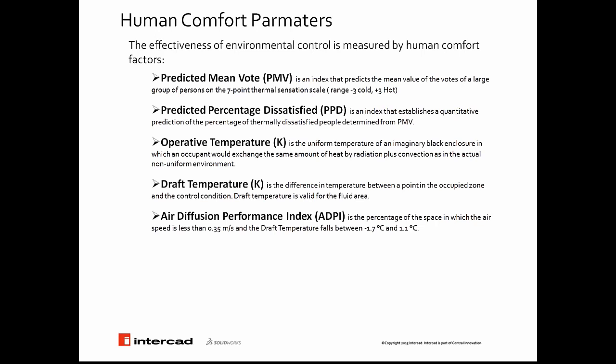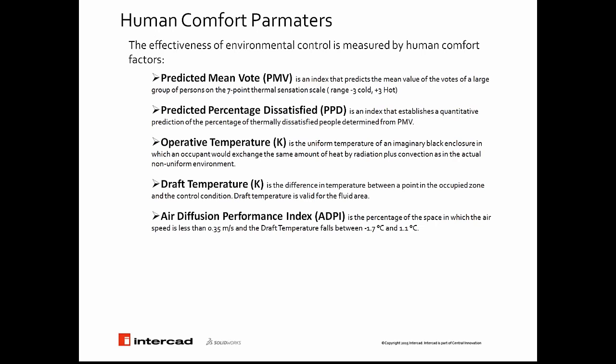PPD, or predicted percentage dissatisfied, is an index that establishes a quantitative prediction of the percentage of thermally dissatisfied people determined from PMV. And operative temperature is the uniform temperature of an imaginary black enclosure in which an occupant would exchange the same amount of heat by radiation plus convection as the actual non-uniform environment.